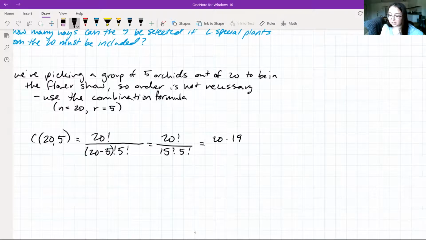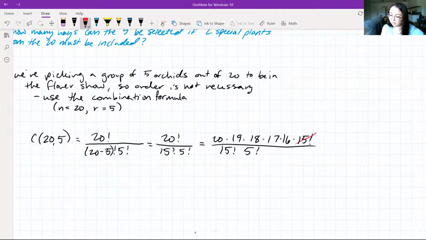We get 20 times 19 times 18 times 17 times 16 times 15 factorial. And we know we have 15 factorial in our denominator, times 5 factorial, so we can cancel out our 15 factorials.